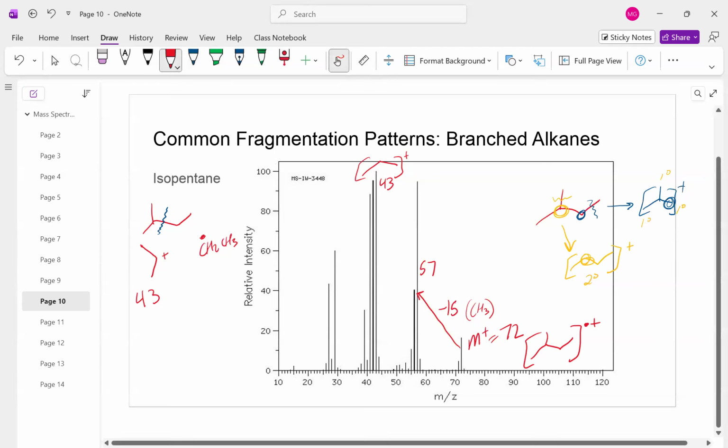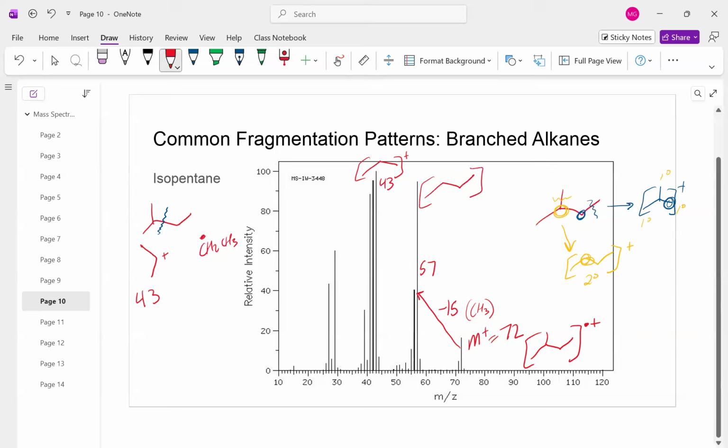So the most likely fragment for 57 is just this butyl chain. So that's the only extra thing you have to take into consideration with branched alkanes: it will fragment to form a more stable carbocation, and those will be your major fragments.